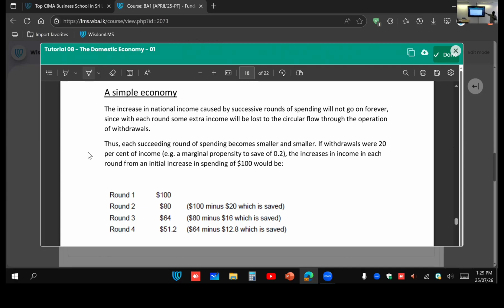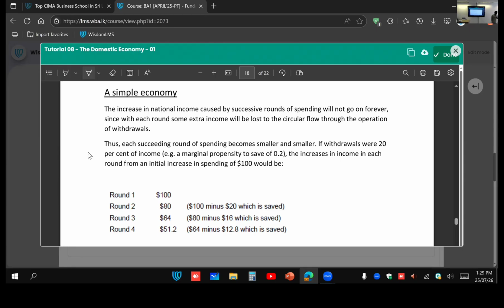Now, we discussed the accelerator and the multiplier increasing the national income, firstly, and secondly, using injections coming from abroad. So whatever the investments given to us by India, China and all this, don't we have to pay? We do have to pay.